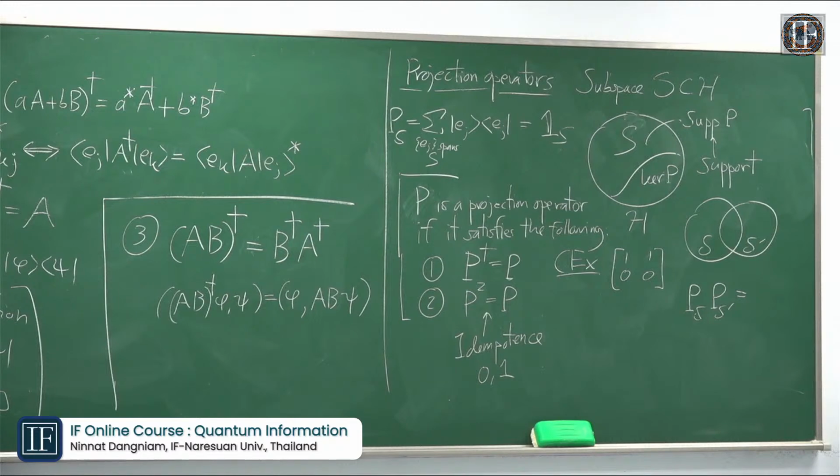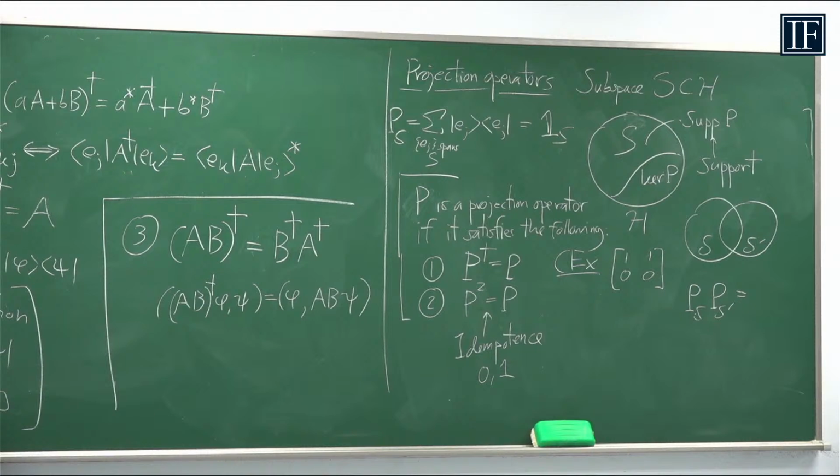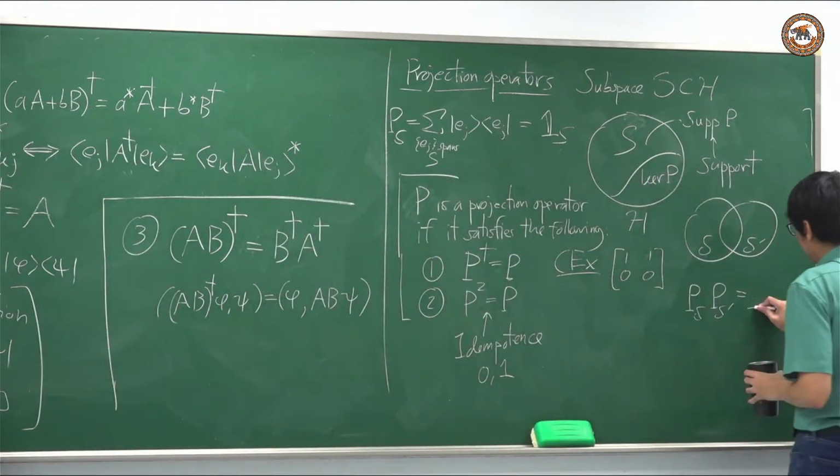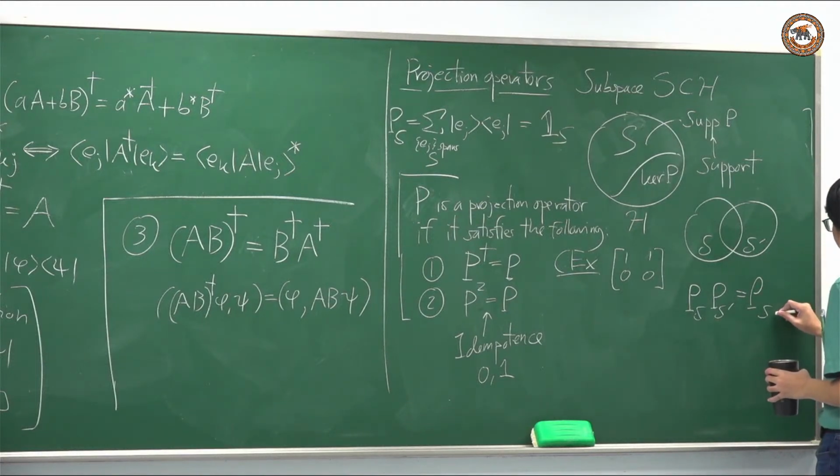Say we have 3D space and some 2D plane, and then we project on another 2D plane, which is not the same. Then you will get the line that intersects them, right? So this is a projector onto the intersection here.